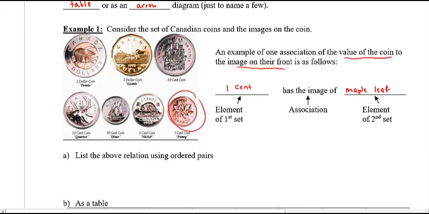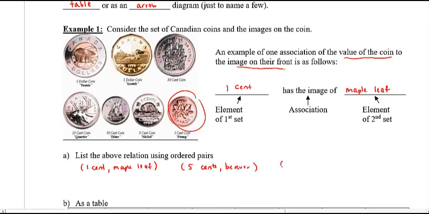So I can list the above relations using ordered pairs. For example, I said the penny, right? So 1 cent, and then I'll say maple leaf. If I look at the nickel, that's 5 cents, that's the beaver.